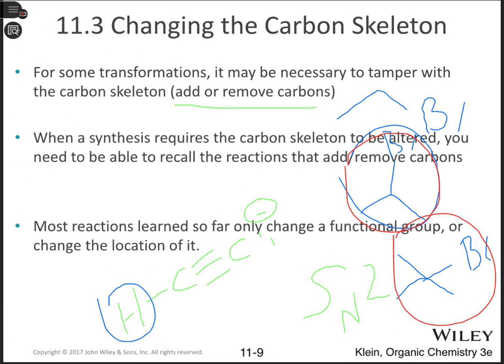So with secondary or tertiary, it will be an elimination reaction, not a substitution. So the only catch is that your substrate must be a primary substrate.